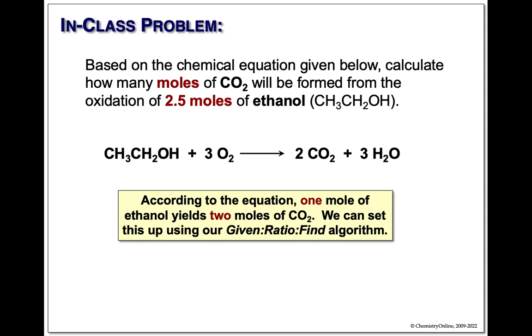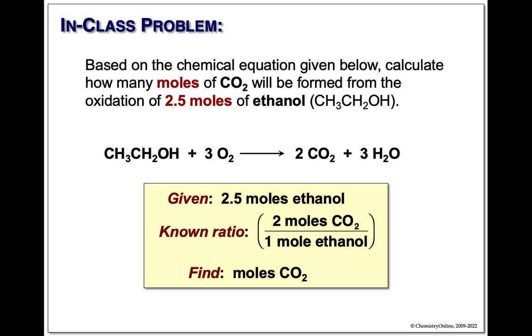Up here in our problem, 2.5 moles of ethanol is the given. Okay? We're going to put that in our denominator of our ratio. So, we are given 2.5 moles of ethanol. Our little ratio is 2 moles to 1, and we're trying to find moles of CO2.